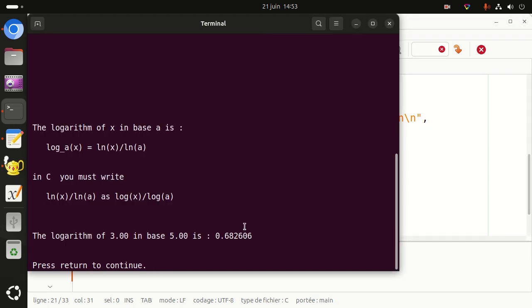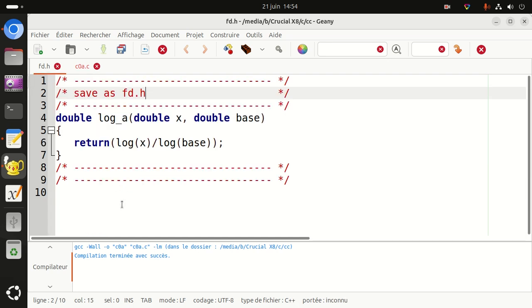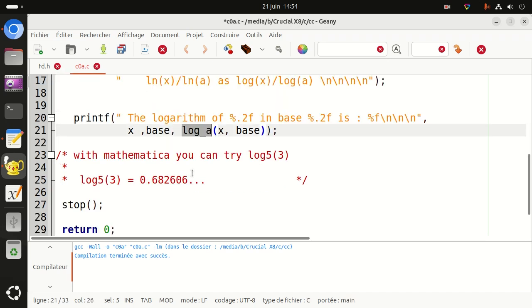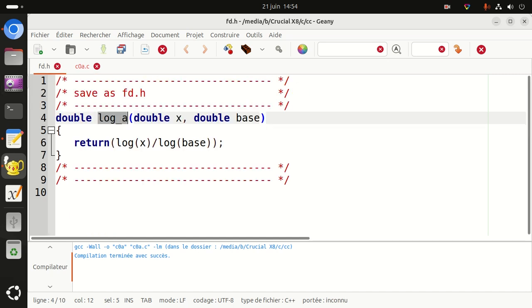This is the value. This function is written in the fd file. So this is a function that I call here. The first argument is x and the second argument is the base.